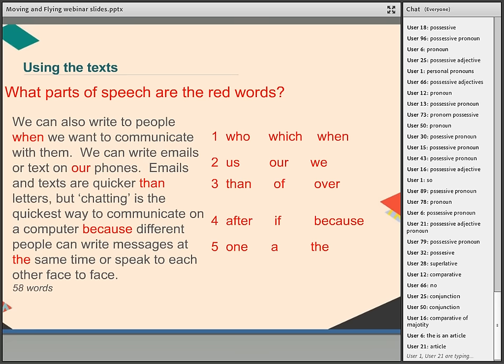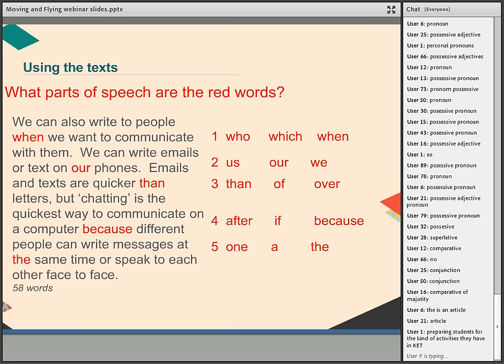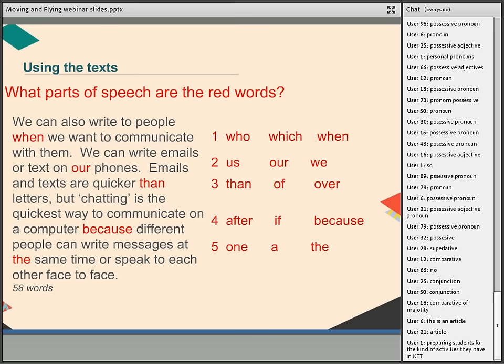Okay, all words connected with the first person plural. Yeah, we, us, our. Okay, and these would be the kind of words that would typically be taken out and tested from a text like this.